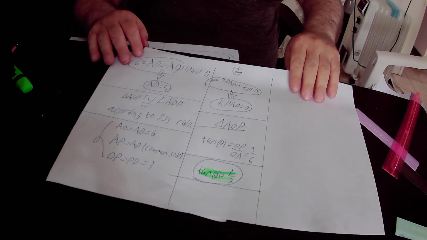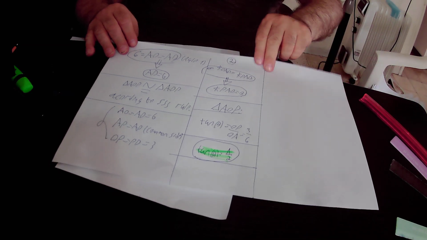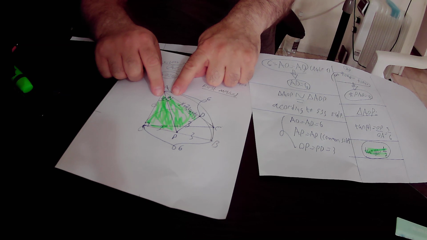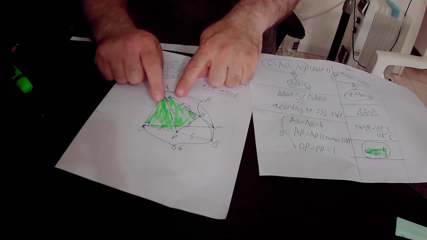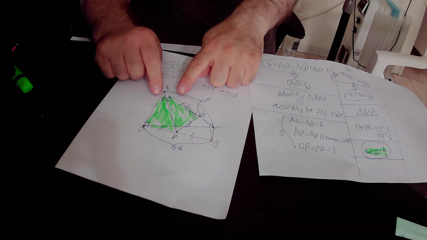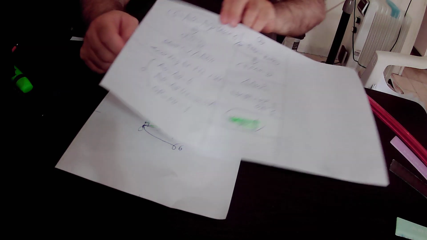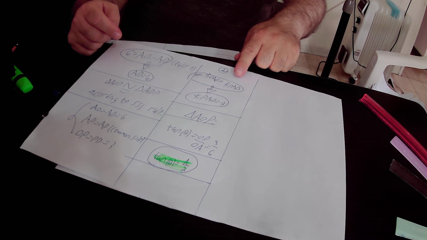And from the fact that those two triangles are congruent, we derive that those two angles are also equal to each other, according to the rule that corresponding angles in congruent triangles are equal. That is to say, angle PAD must be equal to angle OAP.